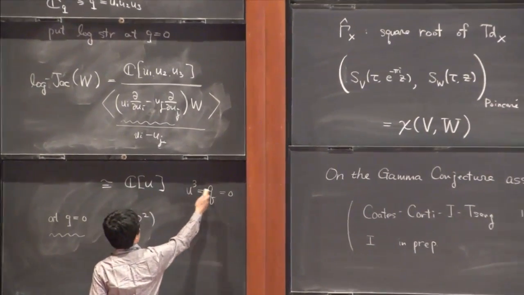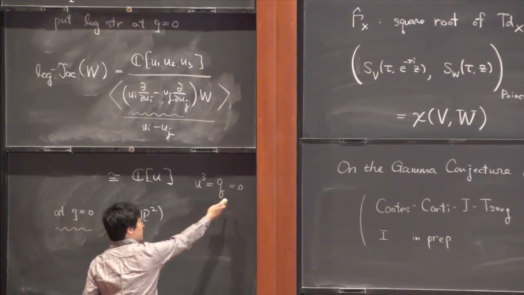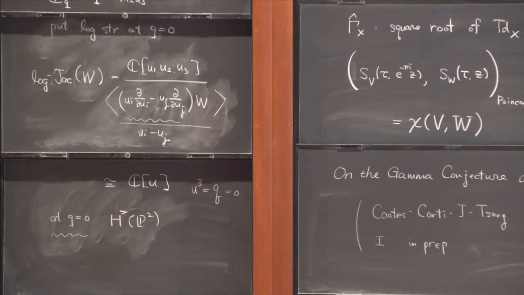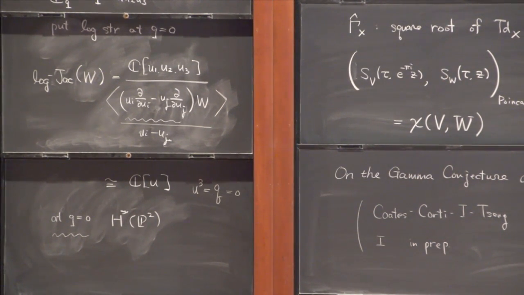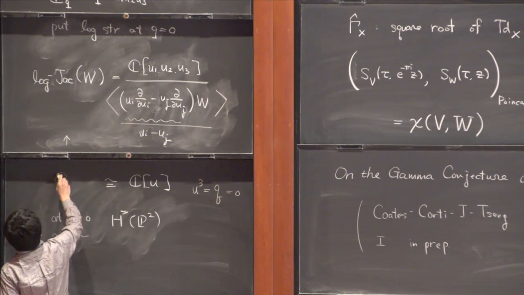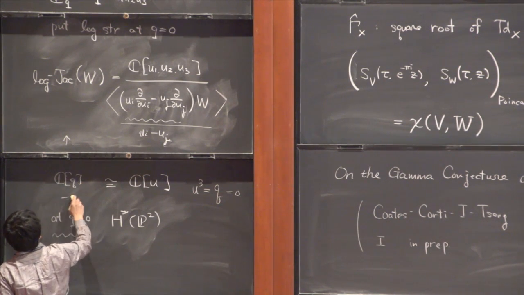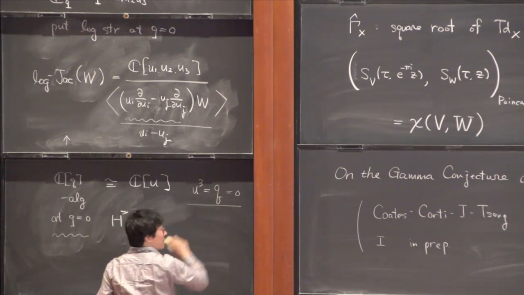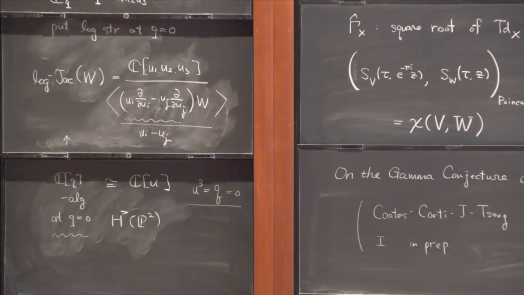So u cubed is q, and q is 0. This is a C[q]-algebra, everything is over C[q]. Q is the product of u1, u2, u3, and now u1, u2, u3 are all the same, so u cubed is equal to q.